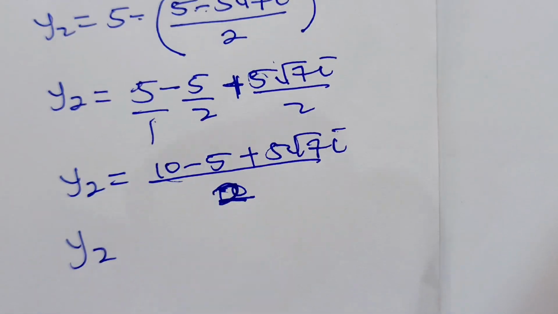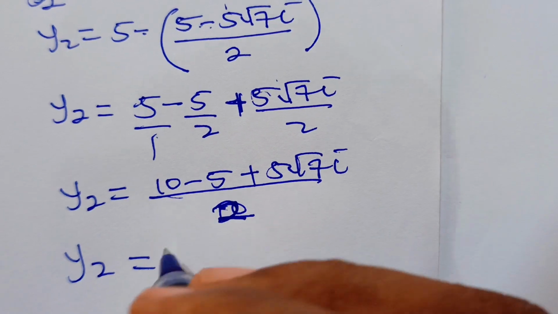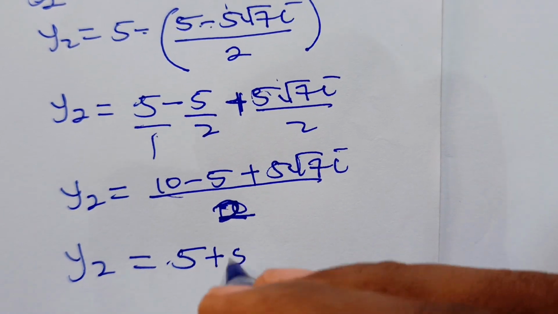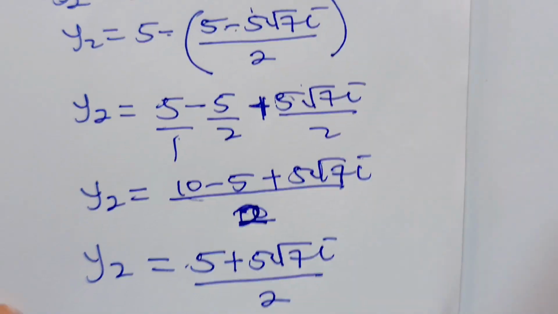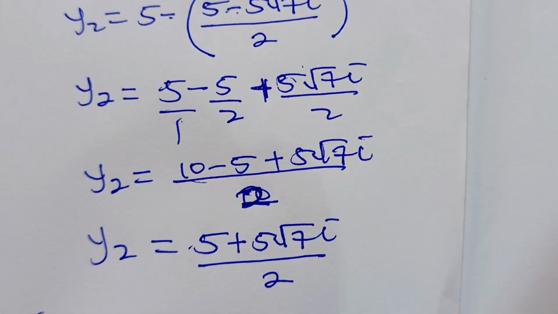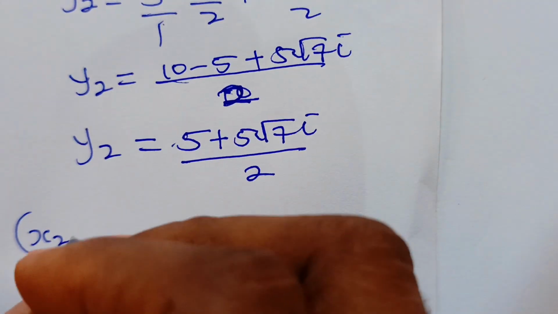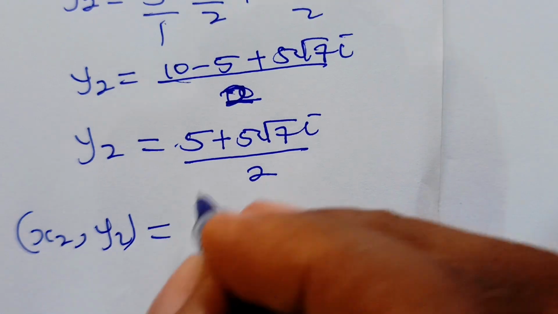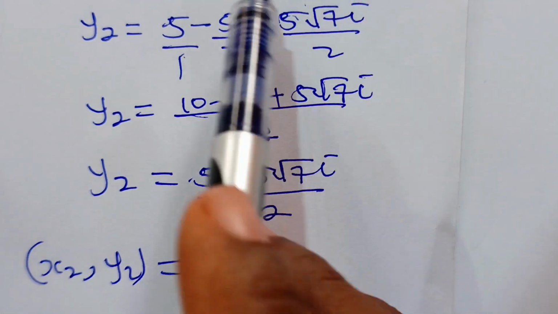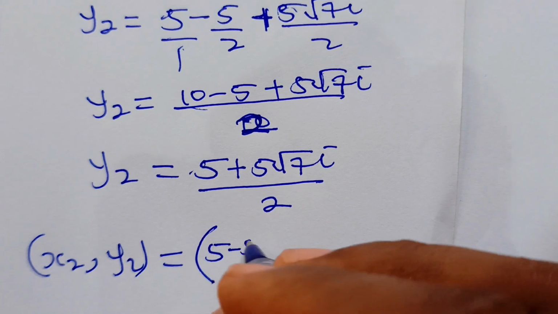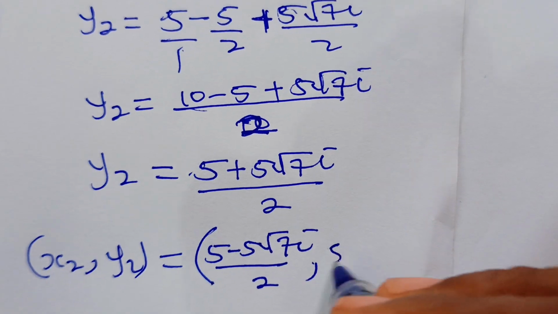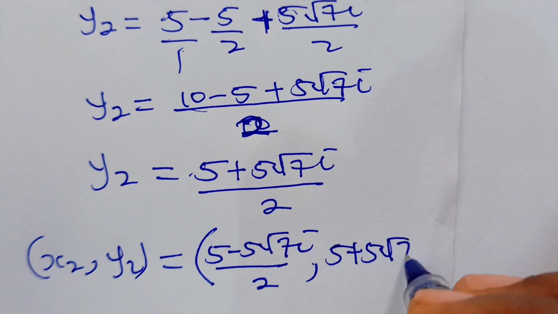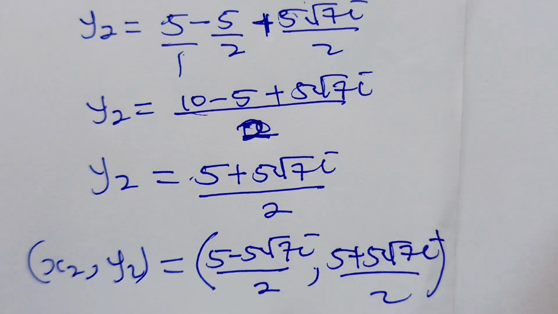So your y2 then is equal to 10 minus 5, which is 5, plus 5 root 7i divided by 2. So that means that x2, y2 is equal to, our x2 is 5 minus 5 root 7i divided by 2, and our y2 is 5 plus 5 root 7i divided by 2.